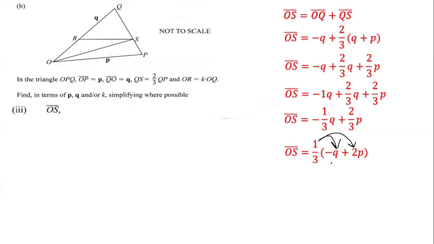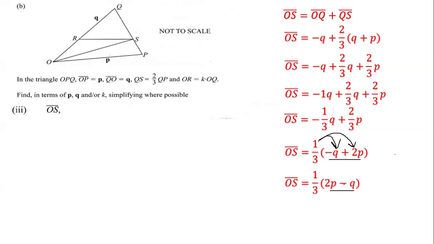We can also switch what we have inside this bracket. And so we can say OS is equal to 1 over 3 multiplied by 2P minus Q. We just do that so that we can have 2P out front and the minus Q in the back.